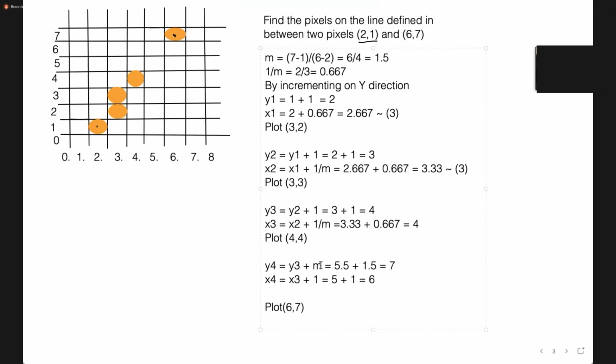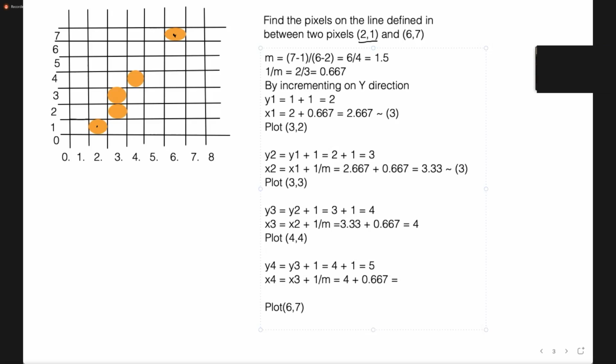Y4 equals Y3 plus 1. Here it is 4, plus 1 is 5. Here it is 5. And this X4 is going to be 1 over m. And this one is going to be 4 again, plus 0.667.